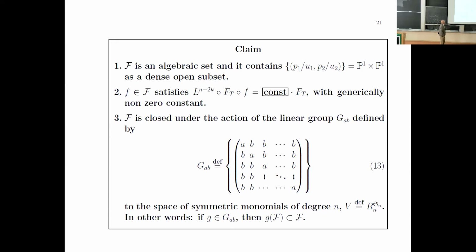And it is closed under the action of a linear subgroup of the general linear group, which I want to call the two-parameter subgroup, GAB. It is closed under this kind of group action, and these actions don't destroy symmetry. So we have this inclusion.